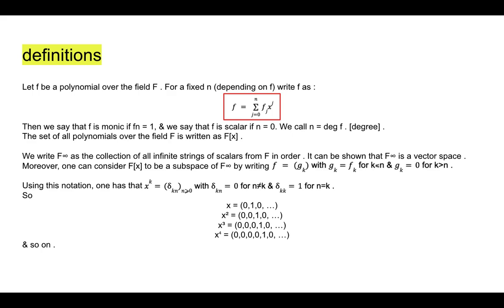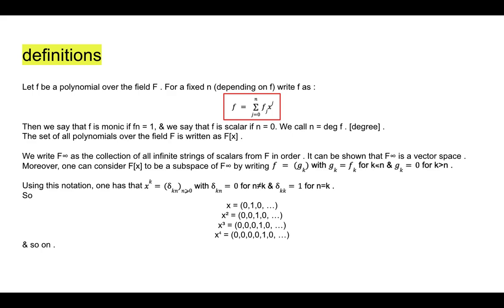We say that f is monic if its leading term, that is the coefficient on the highest power of x, is equal to 1. And we say that it is scalar if all its coefficients except for its constant term are 0. We call the degree of f the value of the exponent on the highest power of x.